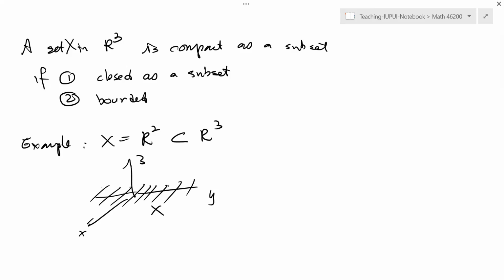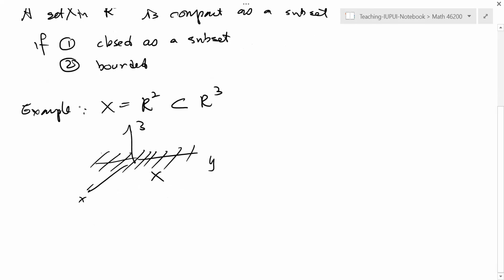Closed means every sequence of points in the plane, if it's convergent, still converges to a point in the set. This is a topological concept. But it's unbounded, so this is not compact. So X is not a compact subset.